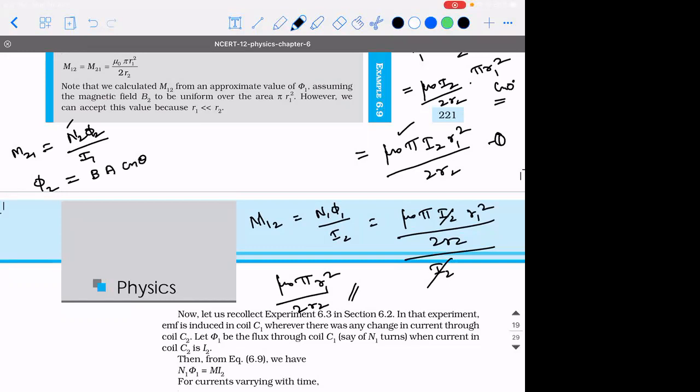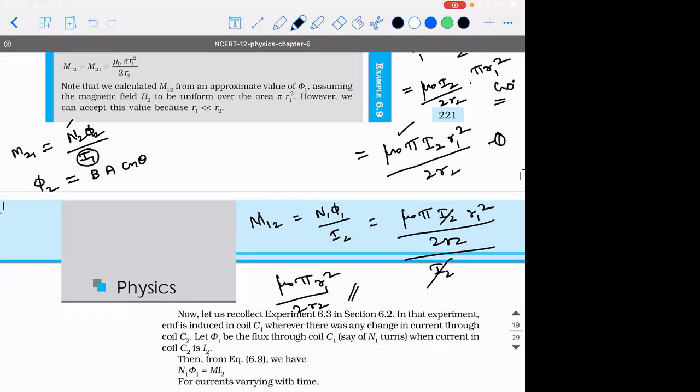BA cos theta. So if you have to calculate the flux through the second surface, in the case of M21, who's connected to the battery? I1 is flowing, means the first coil is connected to the battery. Are you able to understand?